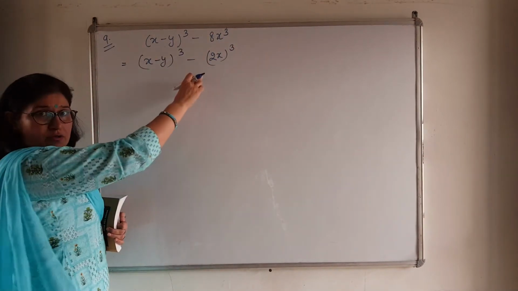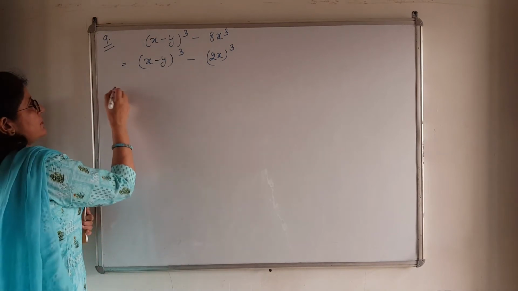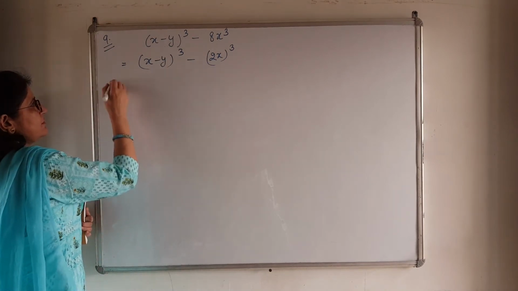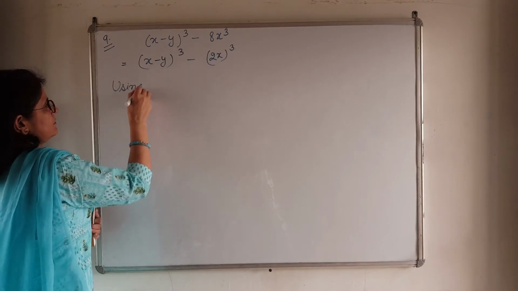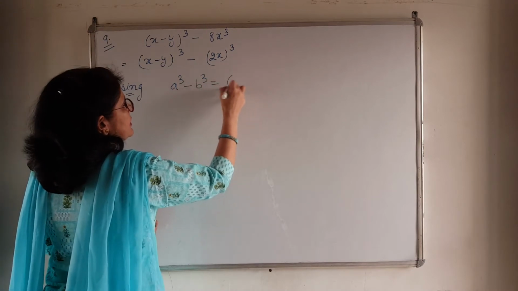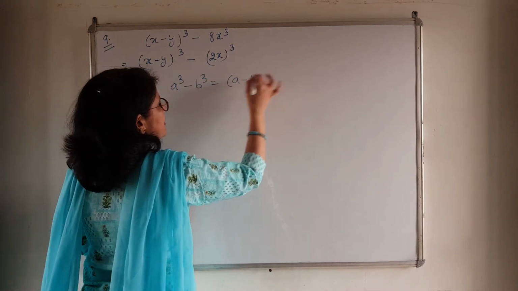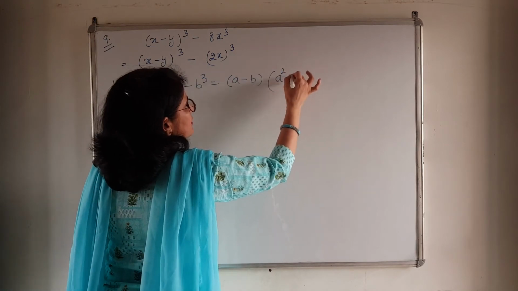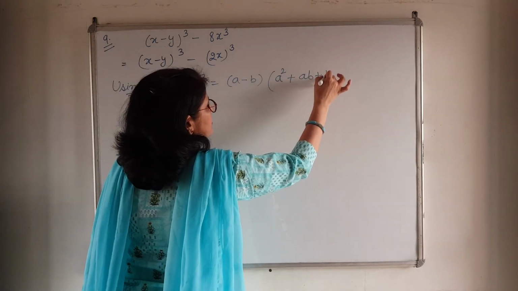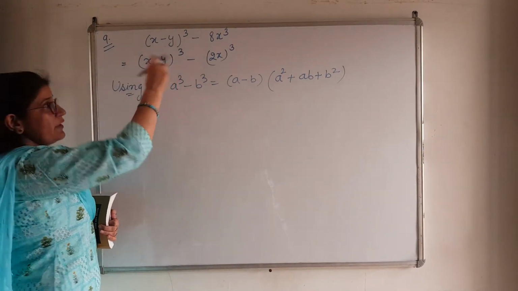Now we can follow the identity of difference of two terms, using a cube minus b cube equals a minus b into a square plus ab plus b square. This we will follow here.